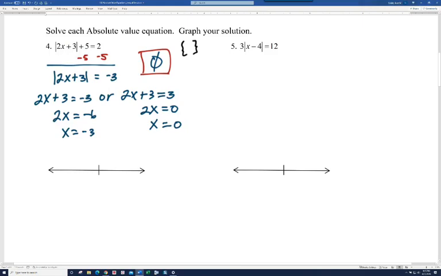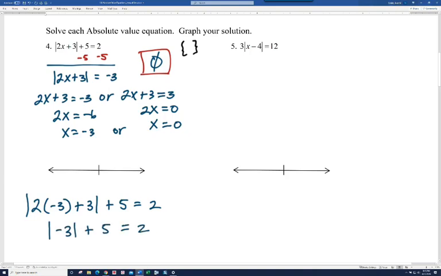Okay, so we got two solutions here, but notice if you plug it in, you get the absolute value of -6 plus 3, which is the absolute value of -3, which is 3. 3 plus 5 is not 2. And I'll just tell you, if you plug in 0, you get the same sort of deal. It doesn't work.